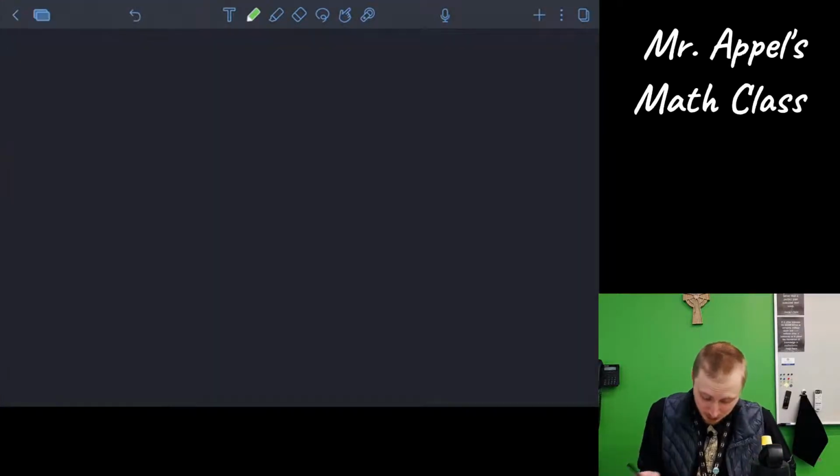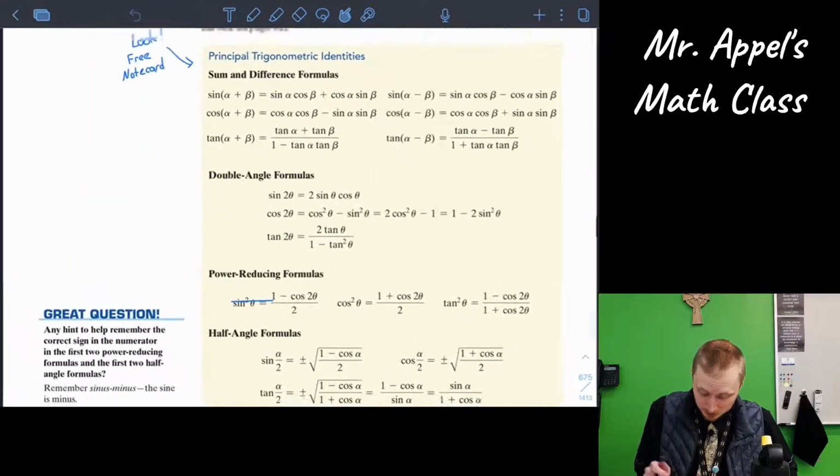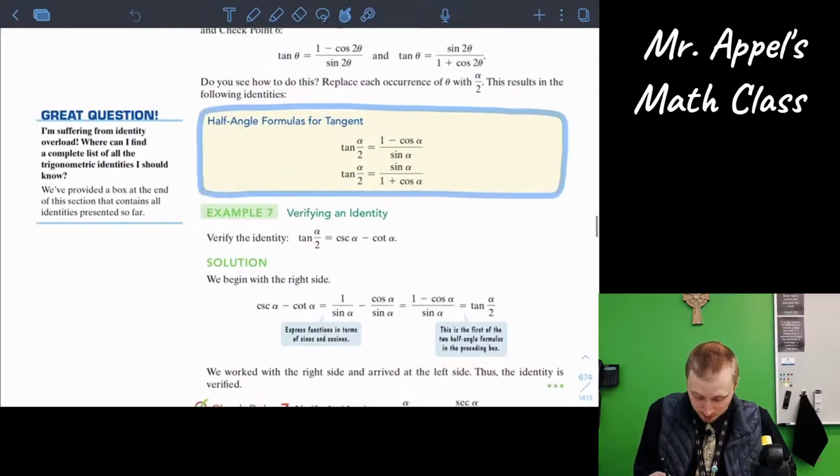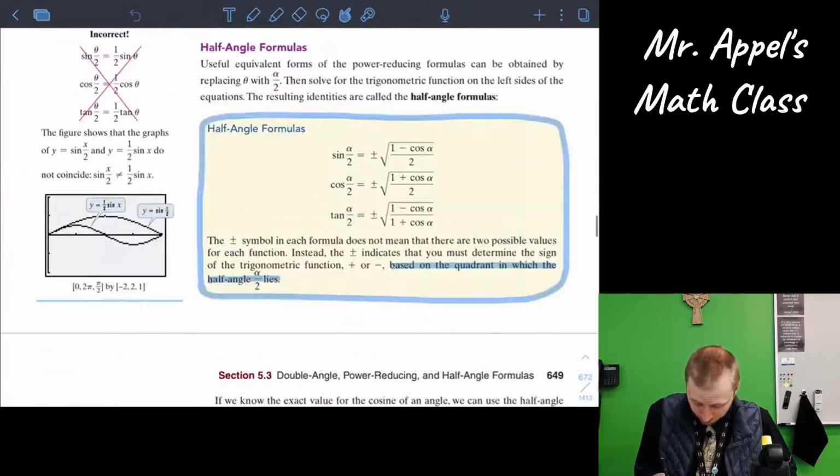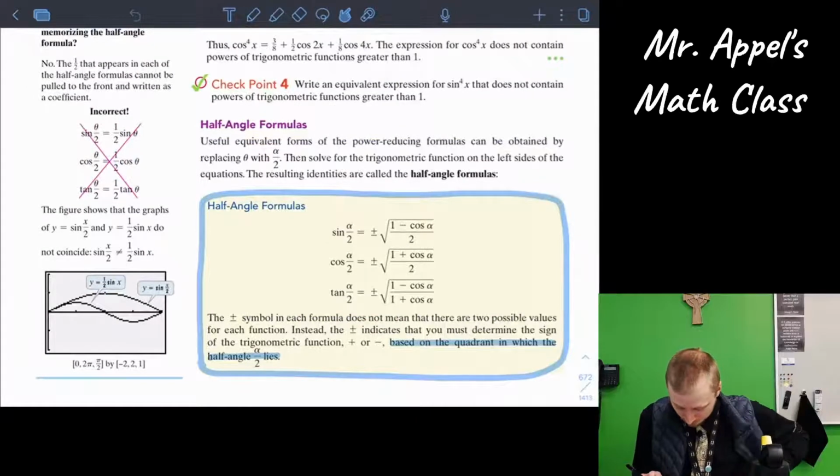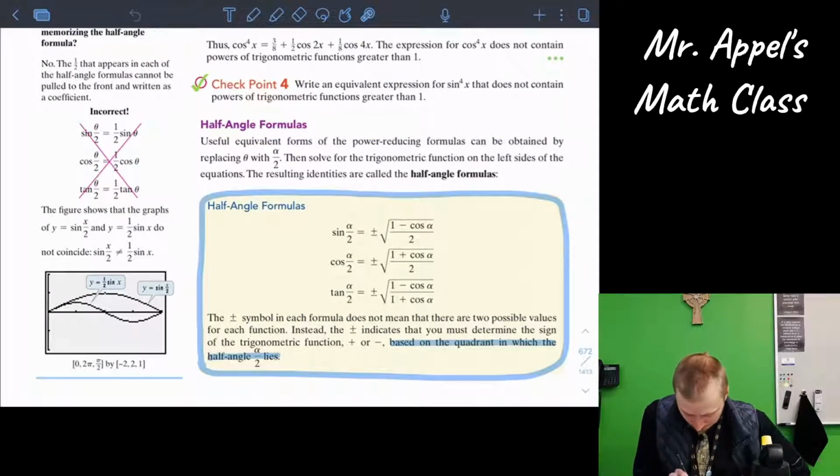We need more information, so let's hunt through our notes. The original half-angle formula indicates that you must determine the sign of the trigonometric function, plus or minus, based on the quadrant in which the half-angle alpha over 2 lies. How are we going to determine that?